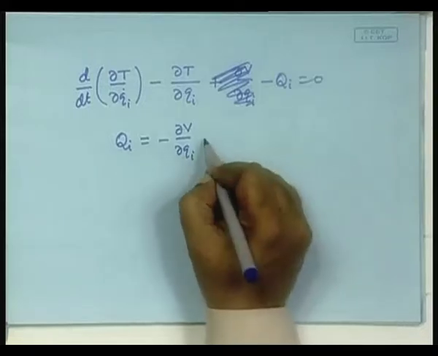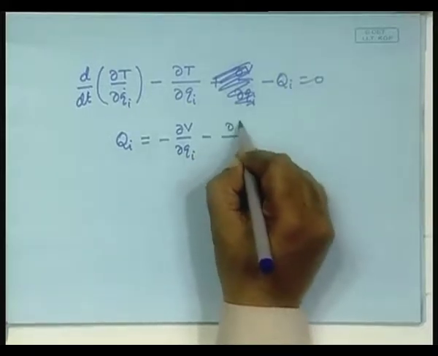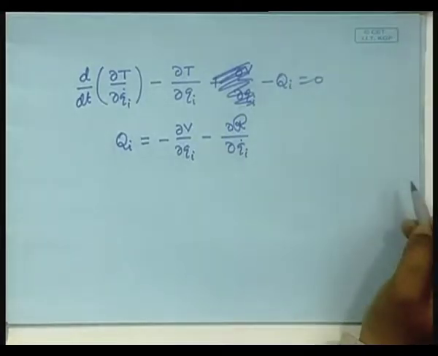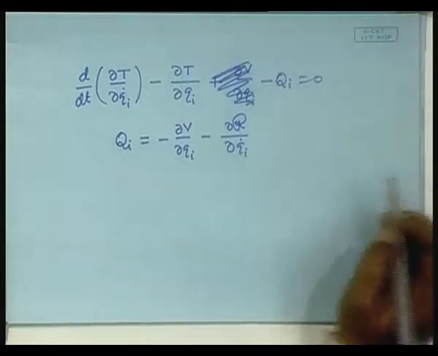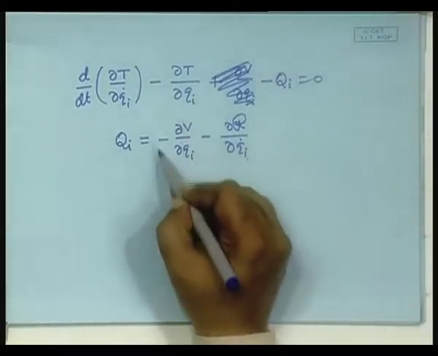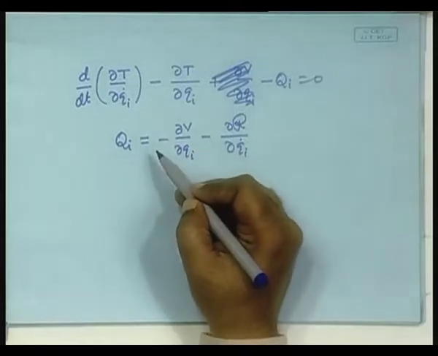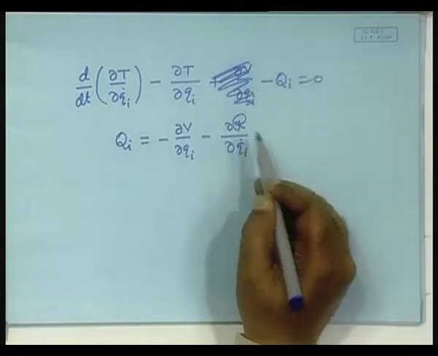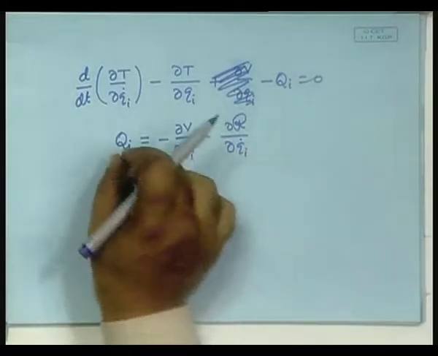Now, it has to include in addition this new term, so if this was due to the conservative forces and this is the non-conservative forces, then these together give you the Q_i term.